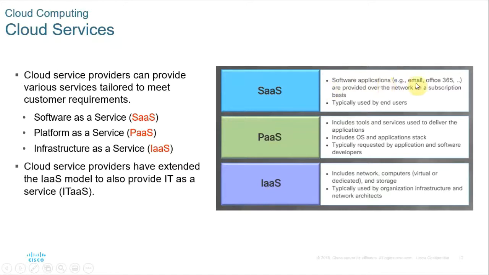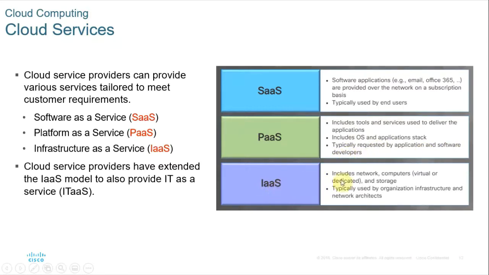What is software as a service? Software applications like email, Office 365 or Excel are provided over the network on a subscription basis, typically used by end users like us. PaaS includes tools and services used to deliver the application, including the operating system and the application stack, typically requested by the application and software developer.